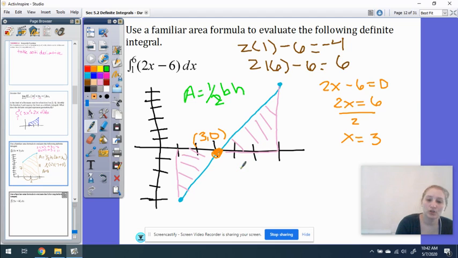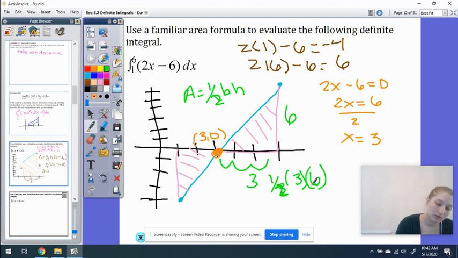So in this case, I know that this is at 3, so this gives me 1, 2, 3 here. And this is going all the way up to 6. So to find the area of this top triangle, it's going to be 1/2 times 3 times 6, which is 18 times 1/2, which is going to give me 9.